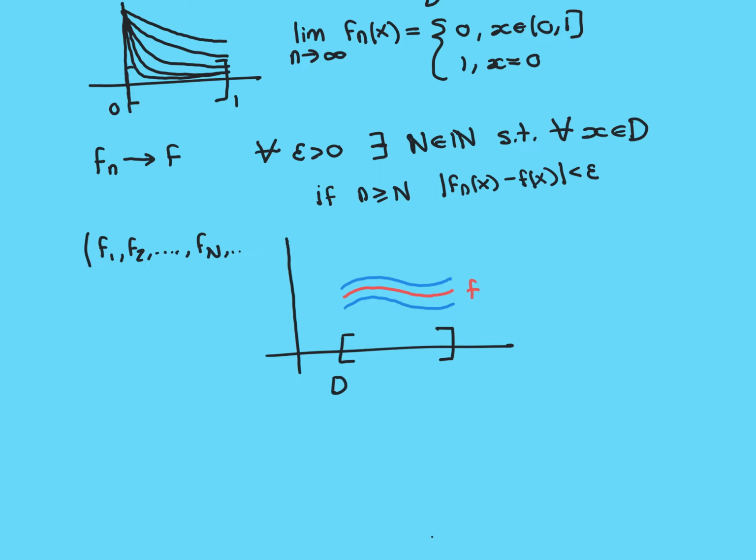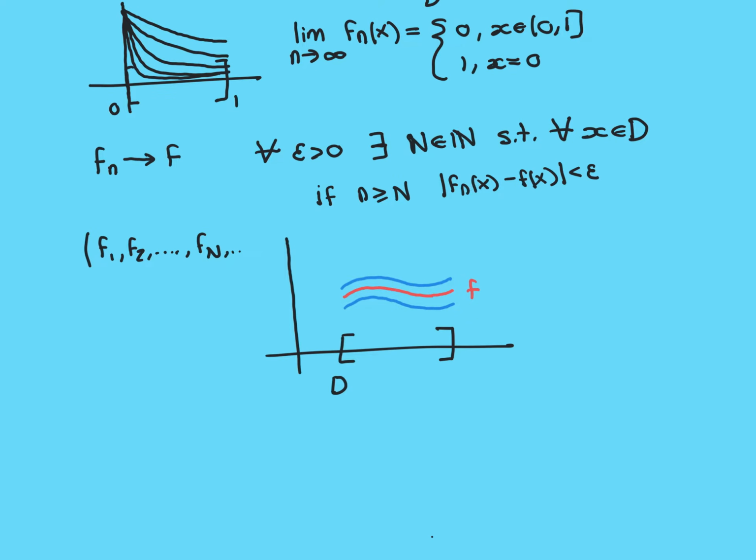And then what this is saying is that if you look at the sequence of functions, which I haven't drawn on this picture because I don't want to clutter it up, then there must exist some big N, so a term in this sequence of functions, such that for all the points in the domain, if you go to that term of the sequence and beyond it, they are all inside this tube here.